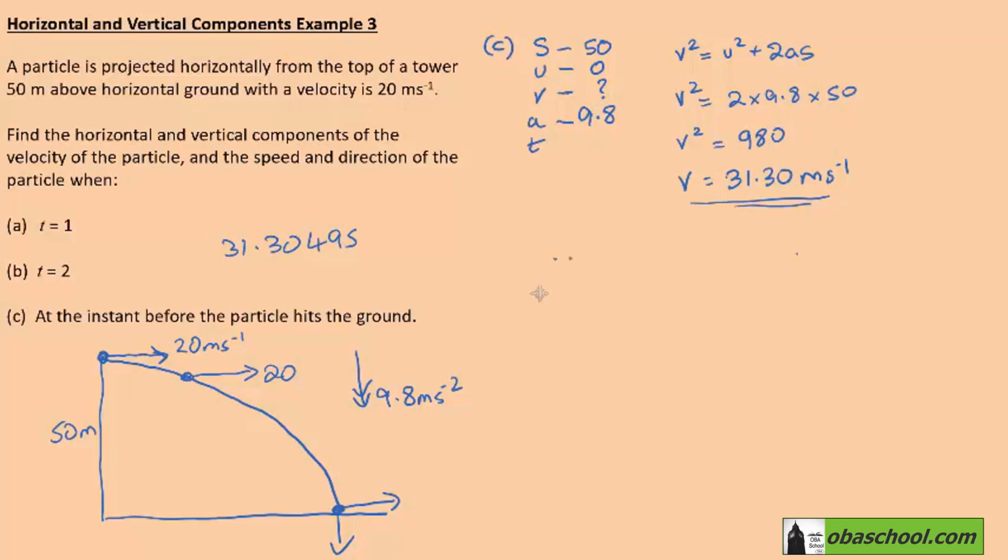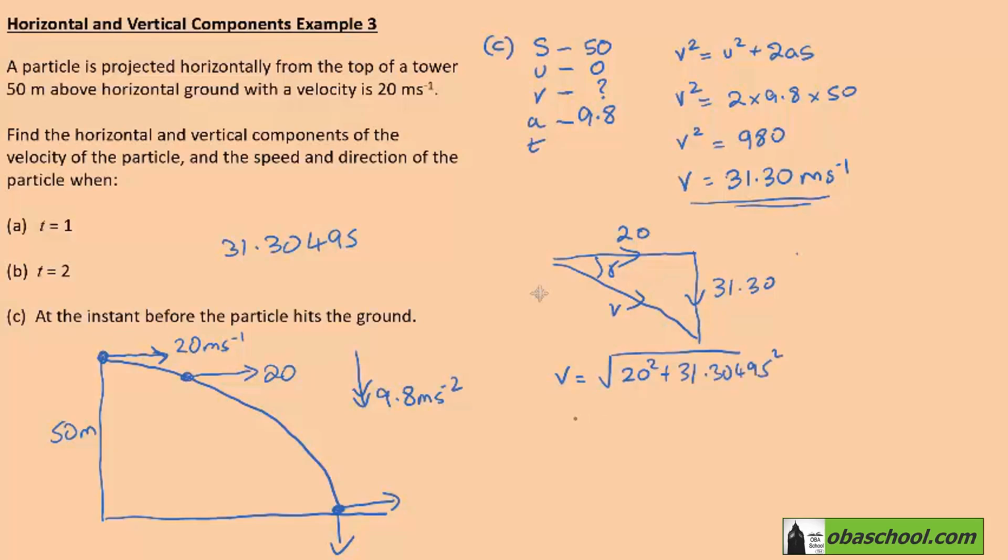Okay, so we know that horizontally it's still 20. Vertically it's now 31.30. And what we want is v, and this angle here, which we'll call gamma. So v is going to be the square root of 20 squared plus 31.30495 squared.